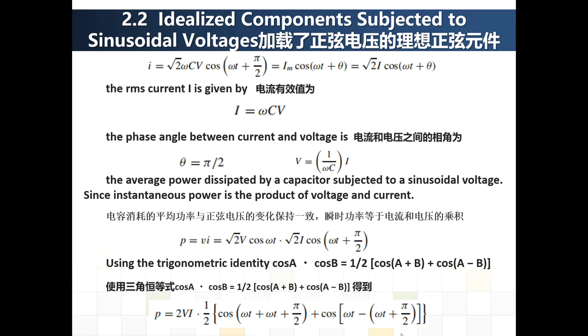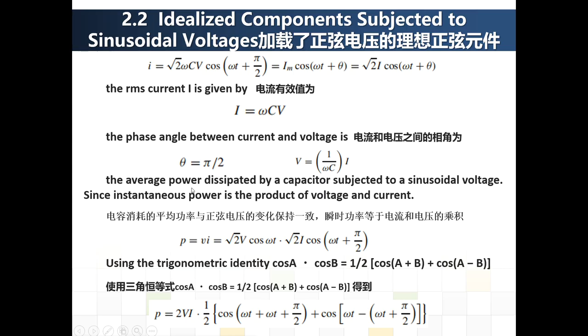And the RMS, root mean square, value of current I is equal to omega C V. The phase angle between the voltage and current, as we can see, is 90 degrees.